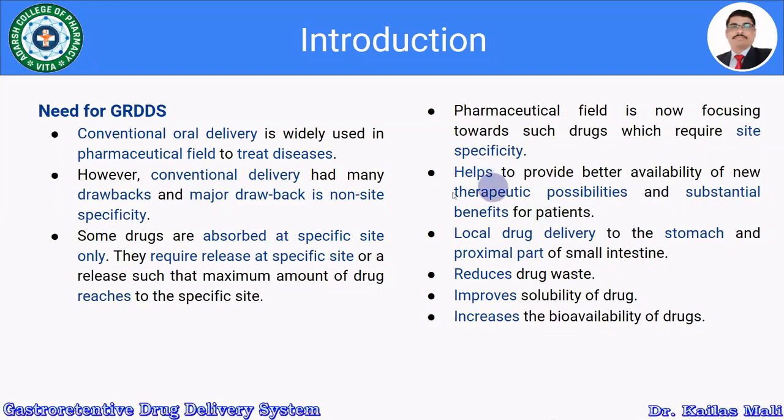When we retain the formulation in the stomach, it is possible to get local drug delivery and delivery in the proximal part of the small intestine. When we convert the formulation into a gastroretentive dosage form, it reduces drug waste, improves the solubility of the drug, and increases the bioavailability of the drug. So this is the need for the gastroretentive drug delivery system.